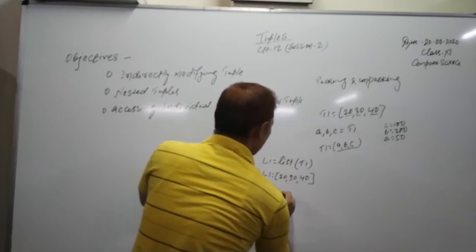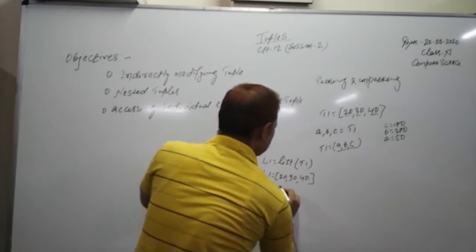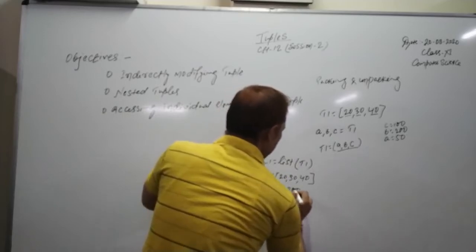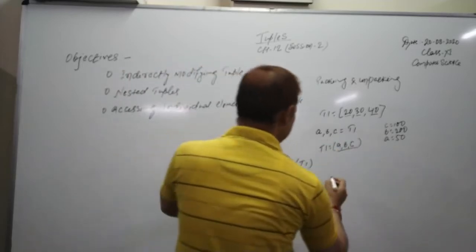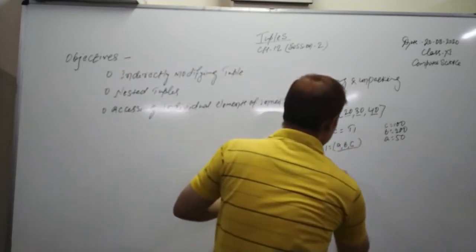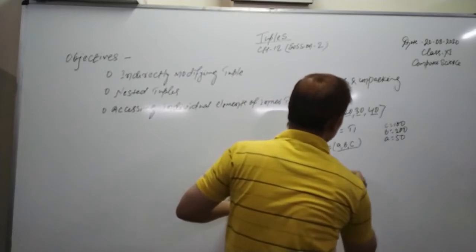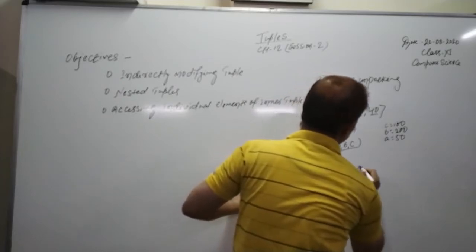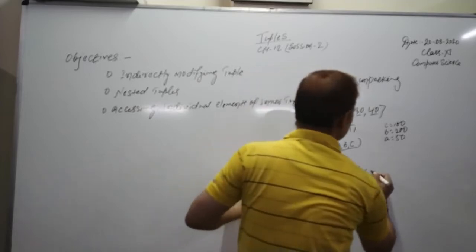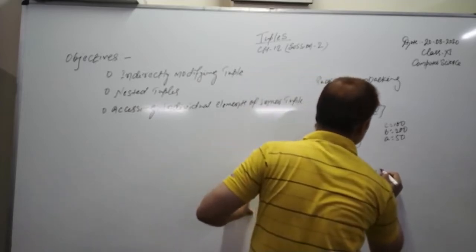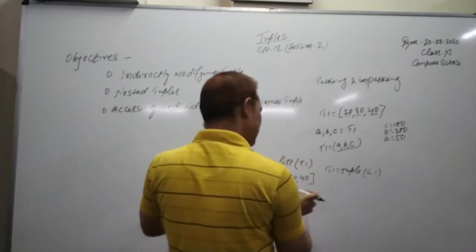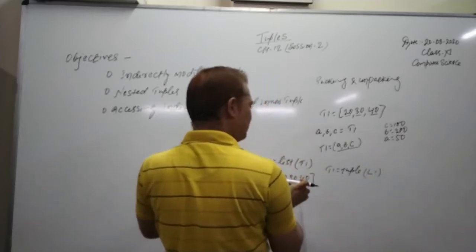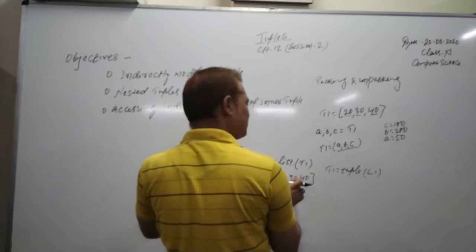So L1 of, suppose, 1, I set to 300. It means I changed the second element of the list. Now you create the tuple like T1 equal to tuple constructor, and pass L1. Since the value of L1 has already changed, tuple will get the modified value of L1, where the second element is 300 instead of 30.